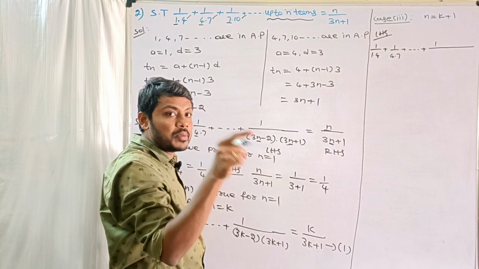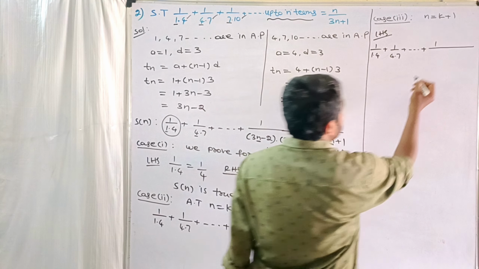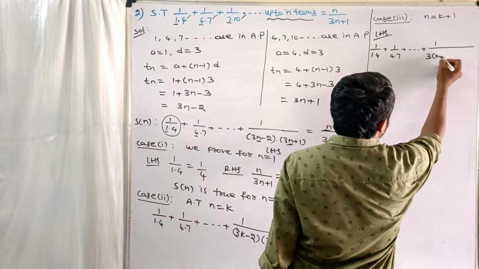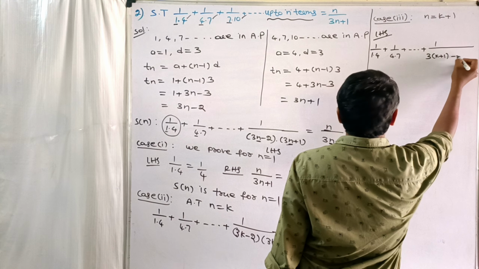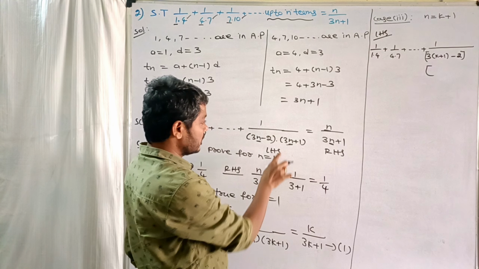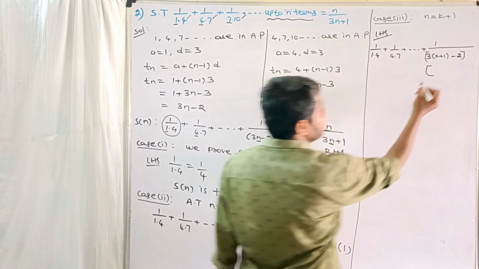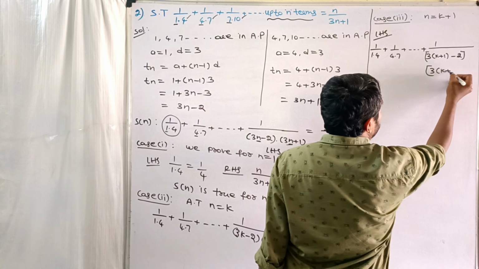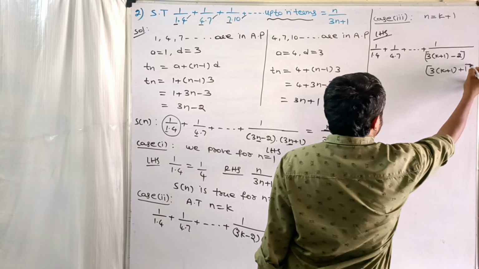You should mention the bracket for k plus 1. That is 3 into (k plus 1) minus 2, into 3 into (k plus 1) plus 1.